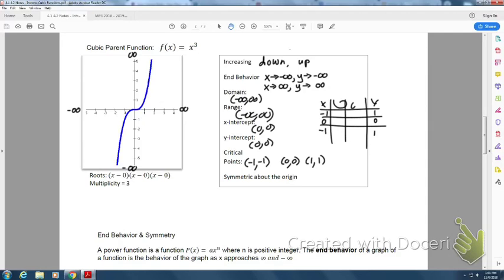This is symmetric about a point, and in this specific case, that point is the origin. What that means is that if I go right 2, up 8, the point on the graph reflected around that point of symmetry would be (-2, -8).